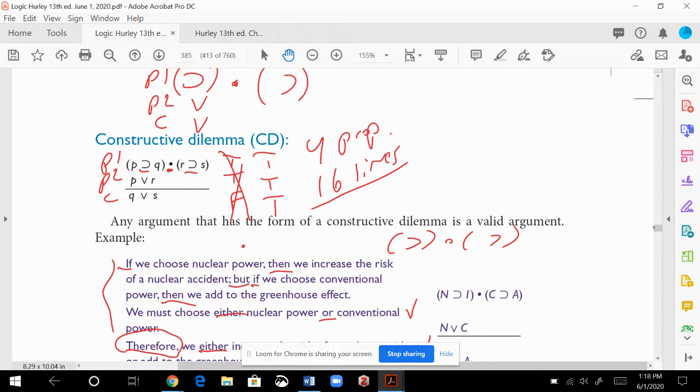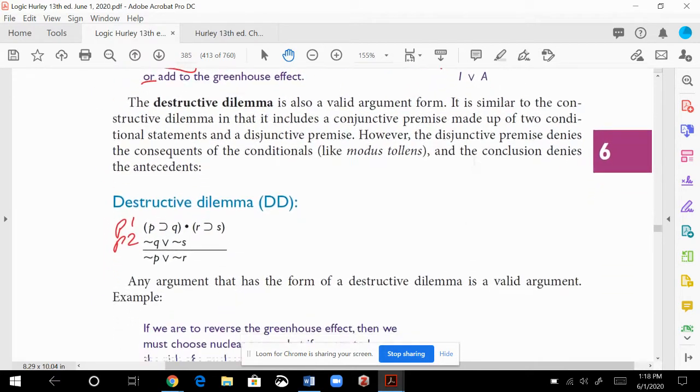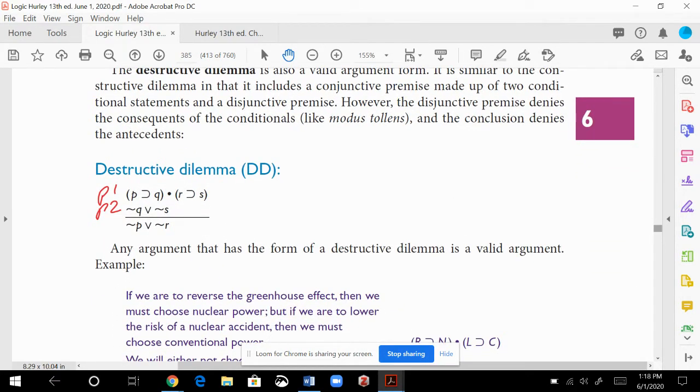Premise 2 affirms both antecedents, the P and the R, they drop down into the wedge. And then you conclude the consequents of both. So the Q and S drop down to the conclusion. Notice what this one does. The destructive dilemma denies both consequents right away in premise 2, and it concludes the denial of both of the antecedents. Reminds you of a modus tollens, doesn't it?